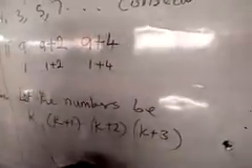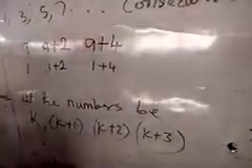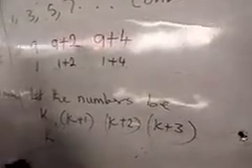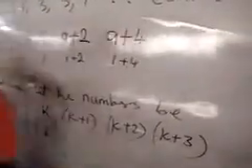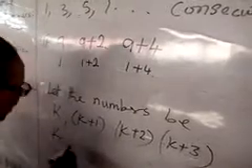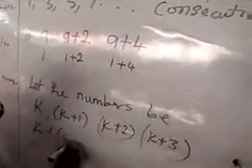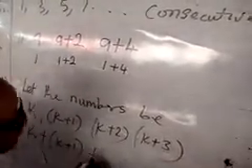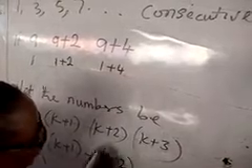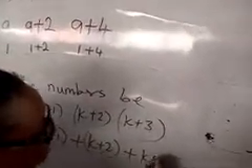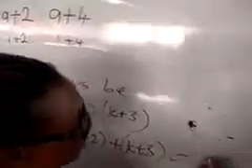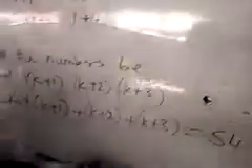Now we want to form an equation with this. Then you have K, say the sum of these will give you what? 54. You have K plus K plus 1 plus K plus 2 plus K plus 3, all will give you what? 54.